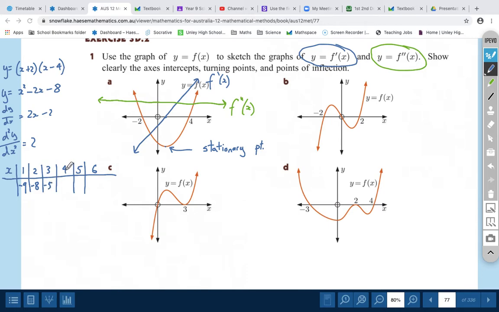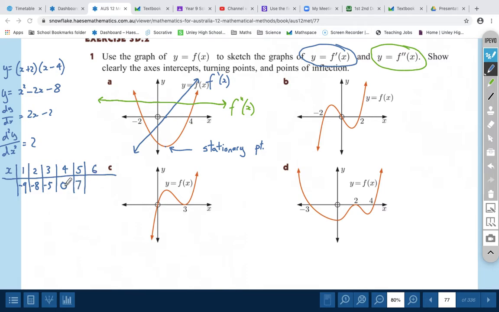Plug 4 in, I've got 16 minus 8 minus another 8 is 0, which I didn't need to do because it's here on the graph at y equals 0. What about 5? 25 minus 10, that's 15. 15 minus 8, that's 7.